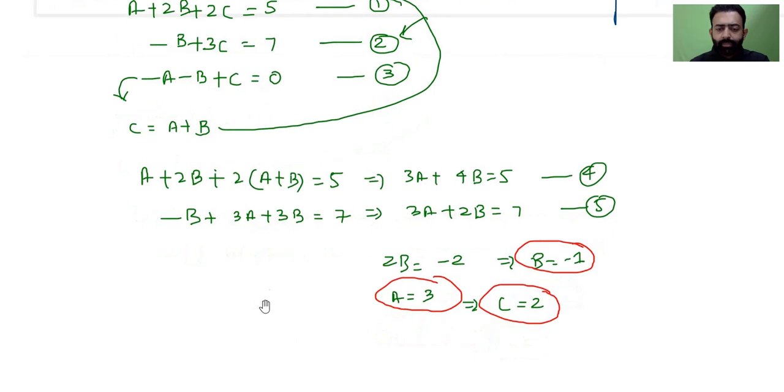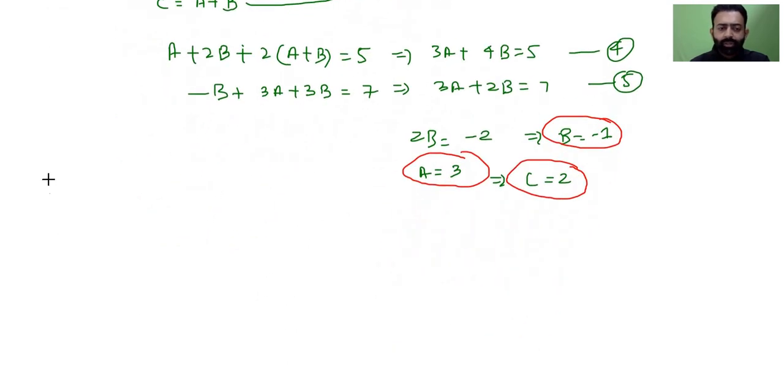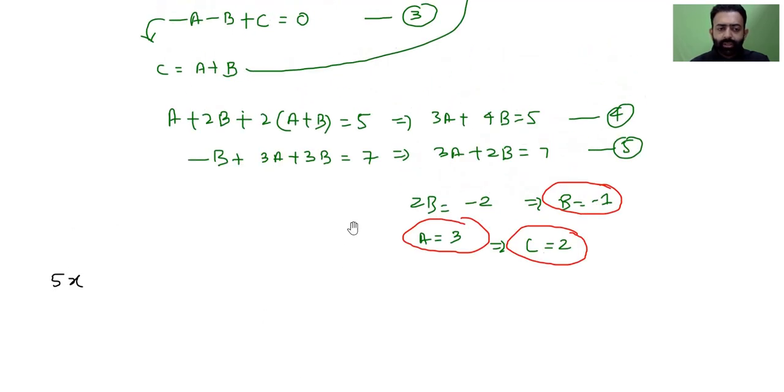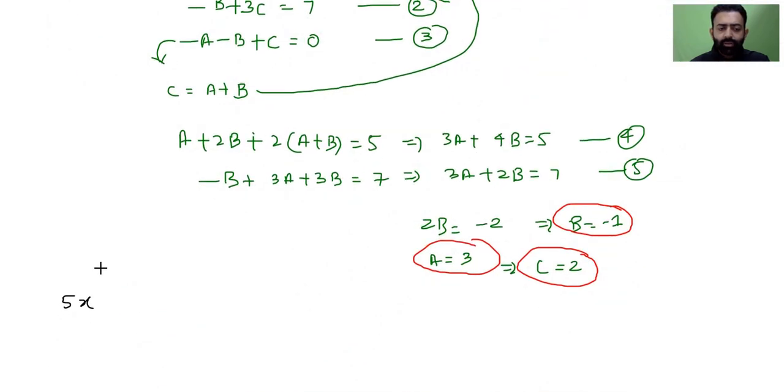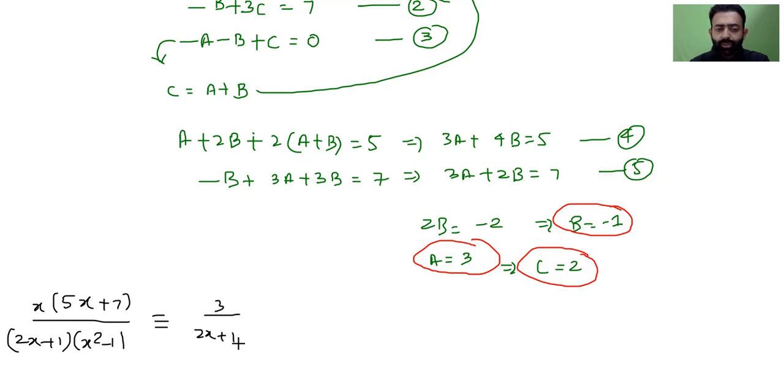Right. So my partial fractions are now as follows. My complex term, x into 5x plus 7 upon 2x plus 1 into x square minus 1, has been converted into values: a is 3, so it is 3 by 2x plus 1; b is minus 1, so minus 1 upon x plus 1; and c is 2, so this is 2 upon x minus 1.